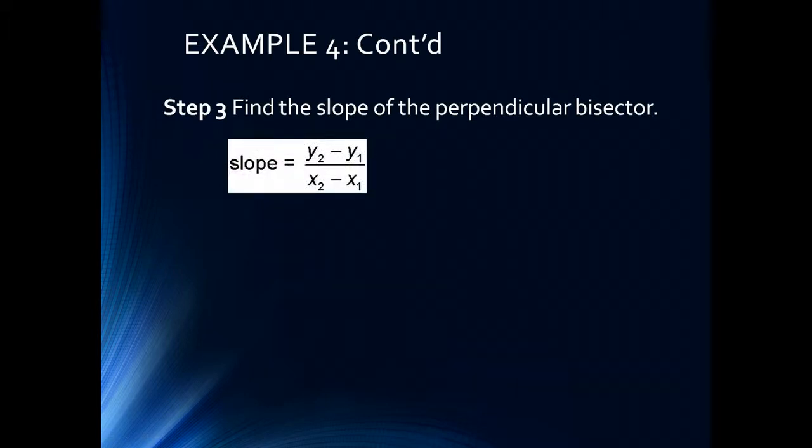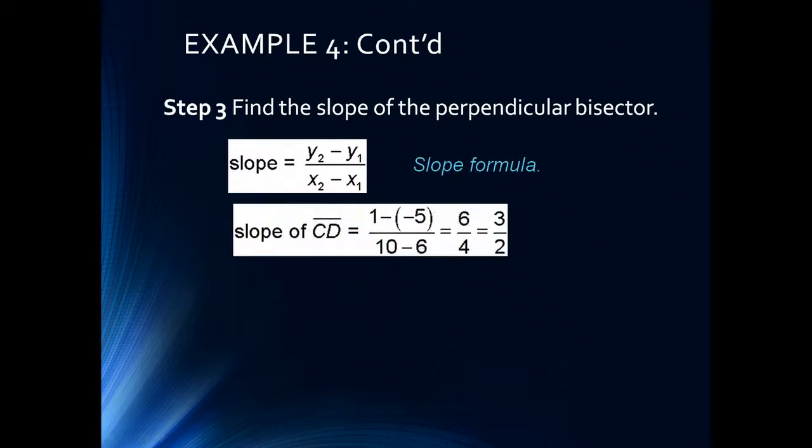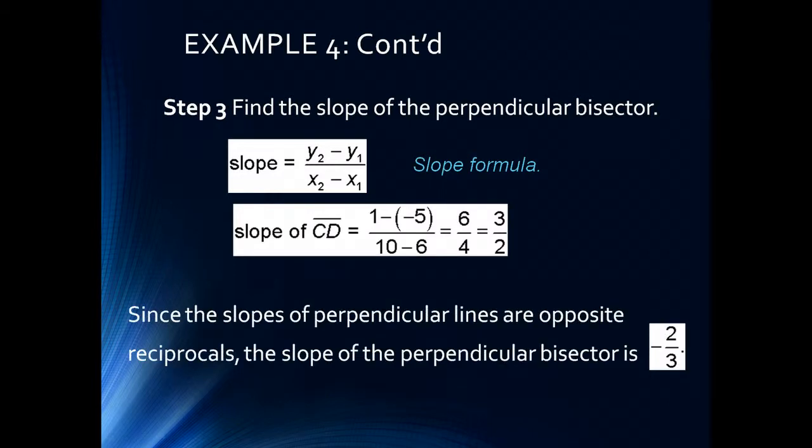Slope is y2 minus y1 over x2 minus x1. The slope of CD would be 1 minus -5 over 10 minus 6, which would give me 6 over 4, or 3/2. Since the slopes of perpendicular lines are opposite reciprocals, the slope of the perpendicular bisector is -2/3. We take the 3/2, flip it over and make it negative.